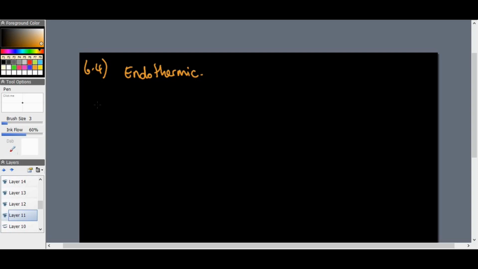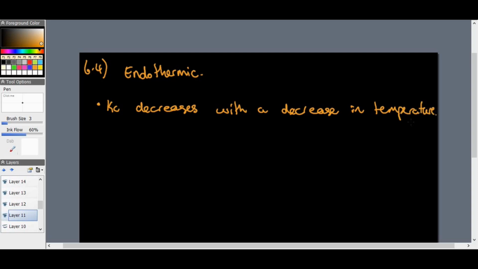I'm going to write it in point form to say that Kc decreases with a decrease in temperature. You would write this in paragraph form, full sentences. I'm just going to put the points down here. So it decreases with a decrease of temperature.